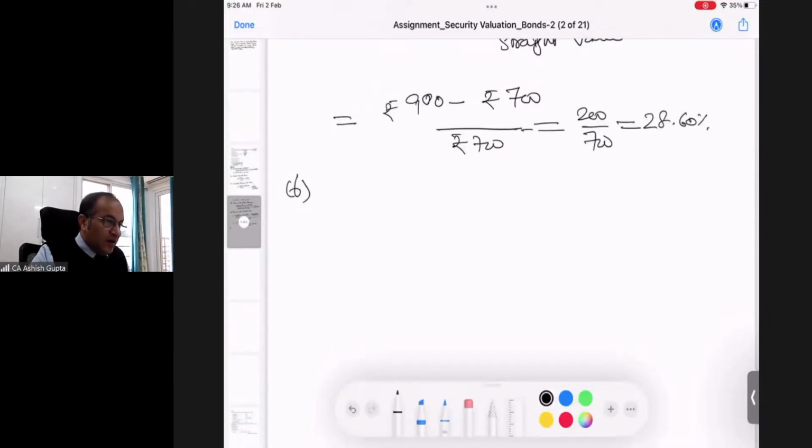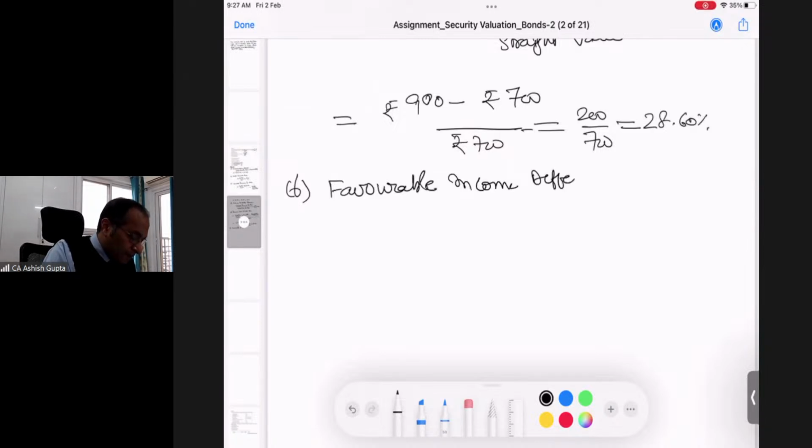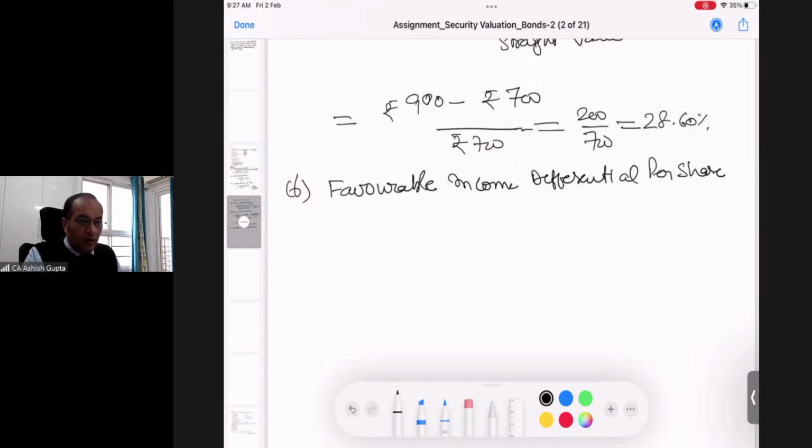Now, when we are computing favorable income differential per share, please note that if I am buying a bond and I am waiting to get it converted, during this waiting time I am losing the dividend, but I am getting the interest.